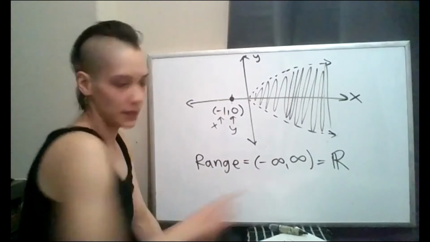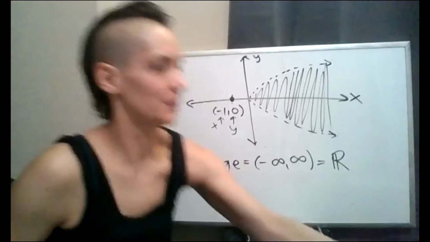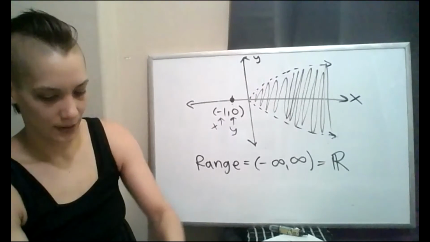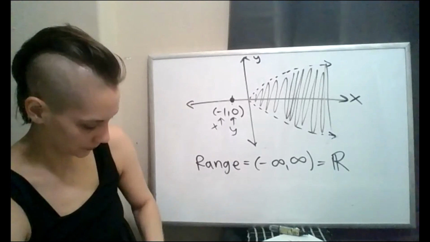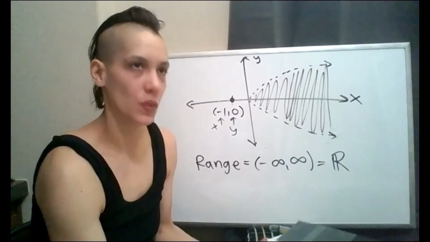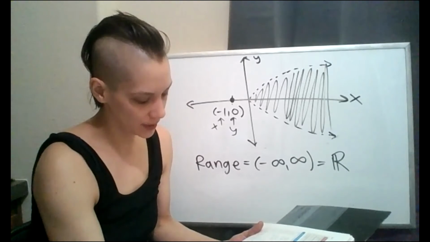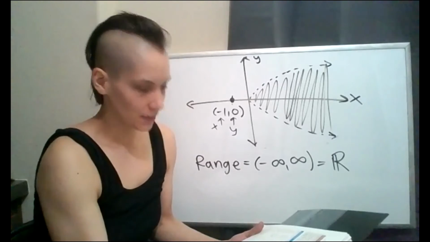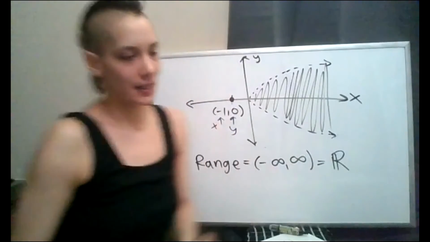Let's see if there's something more interesting in the book. Let's try this one. So it's an e to the, let's make it kind of easier. Let's do e to the x minus y.